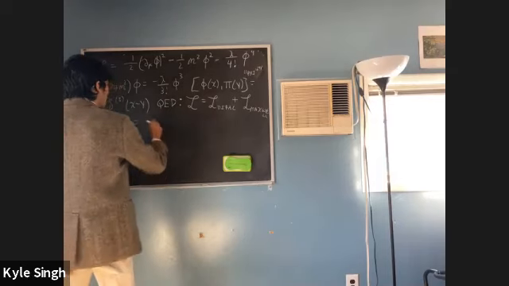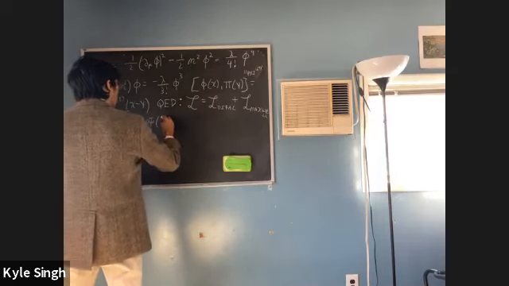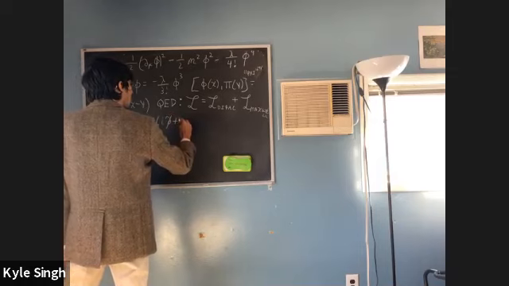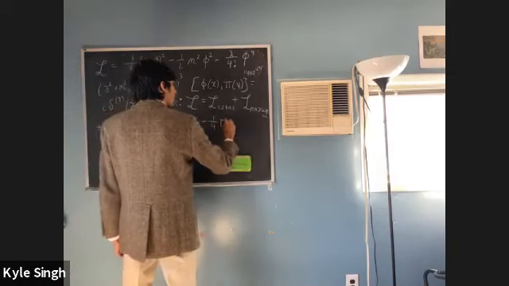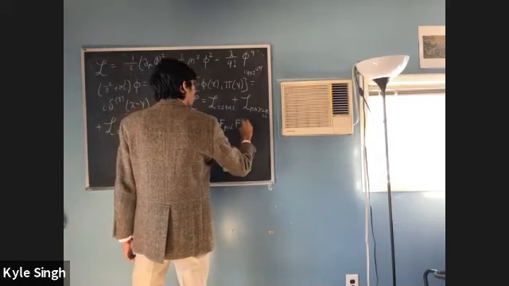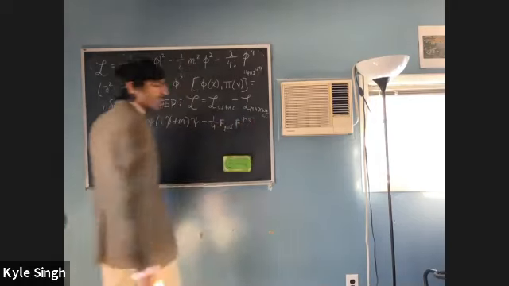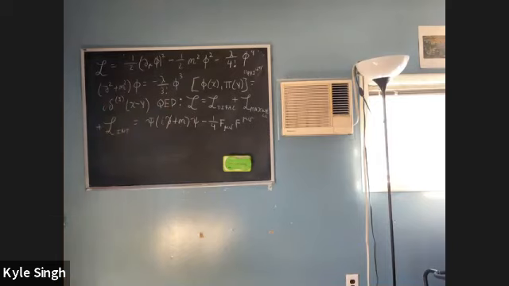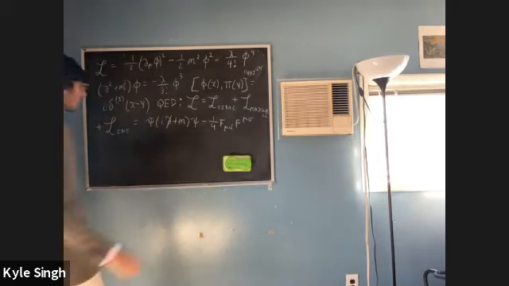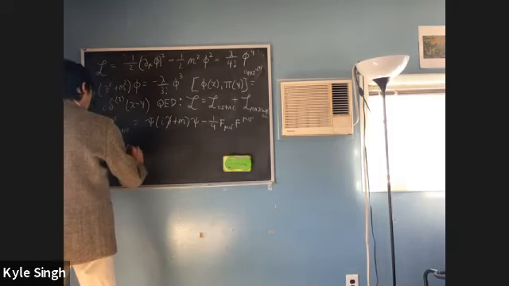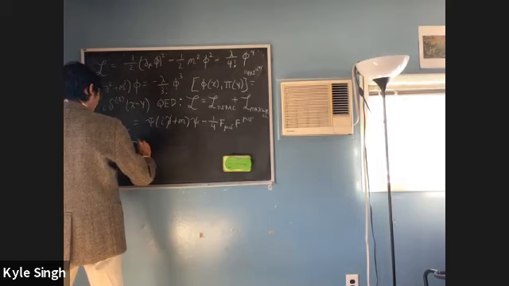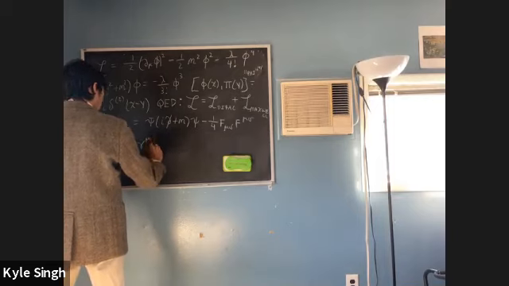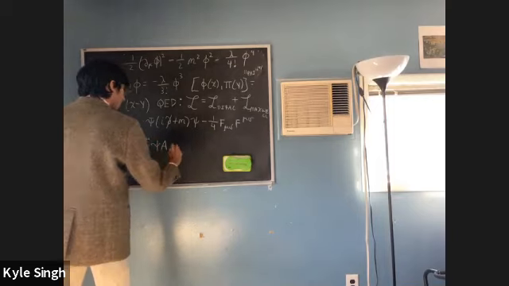That's just equal to psi bar i del slash minus m psi, minus 1/4 F mu nu squared. And then what's our interaction term in QED? Minus e psi bar gamma mu psi A mu.